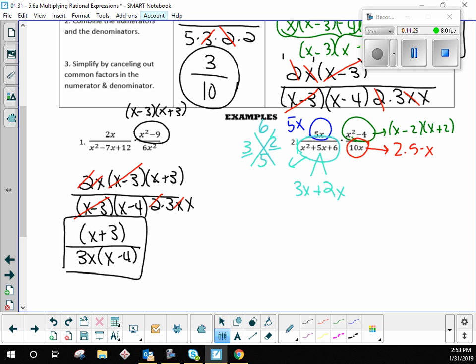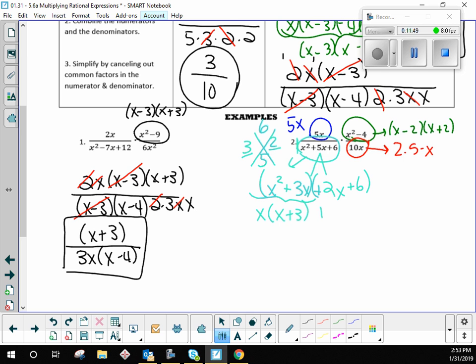And then we bring down the first term, the x squared, and the last term, the plus 6. And then what do I do after that, now that I have 4 terms? Grouping. So this first group has what in common? And the leftovers are x plus 3. Okay.